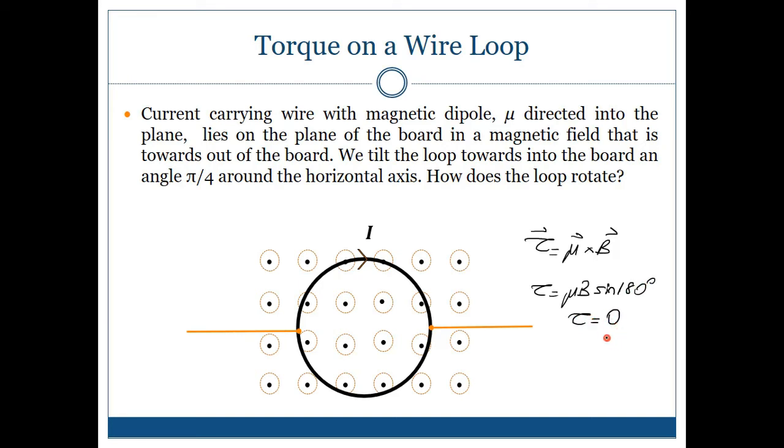But there will be a torque once we tilt this end of the loop into the plane. Alright? And this loop will rotate. How will it rotate? I'm giving you a second to think. Give me an answer. How will this loop rotate if I push this end into the page?